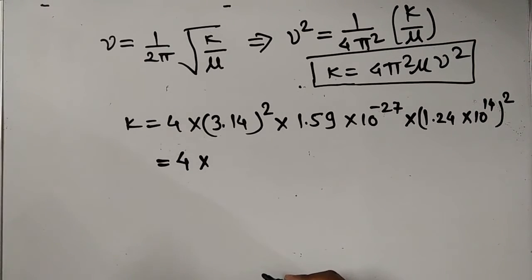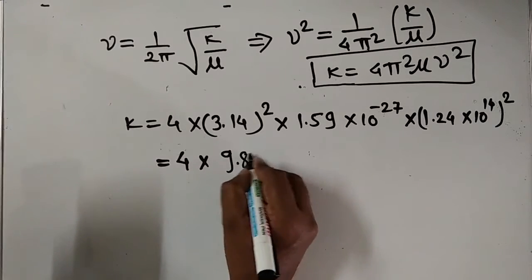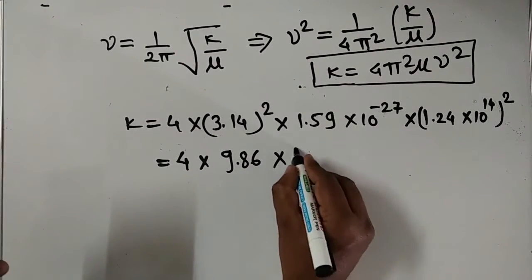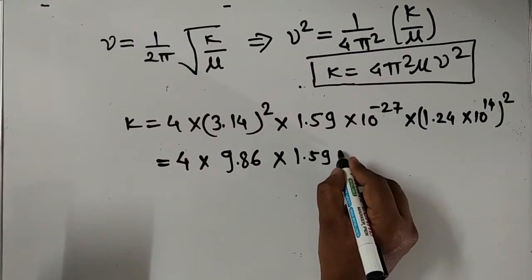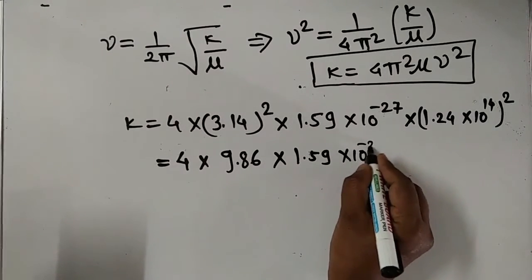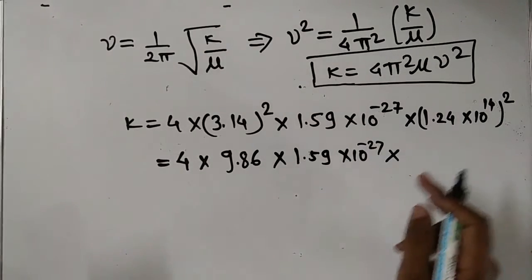So it is 3.14 into 3.14, so it is 9.86 that I know, into 1.59 into 10 raised to minus 27 as it is, into, so I have to take the square of this term, right.